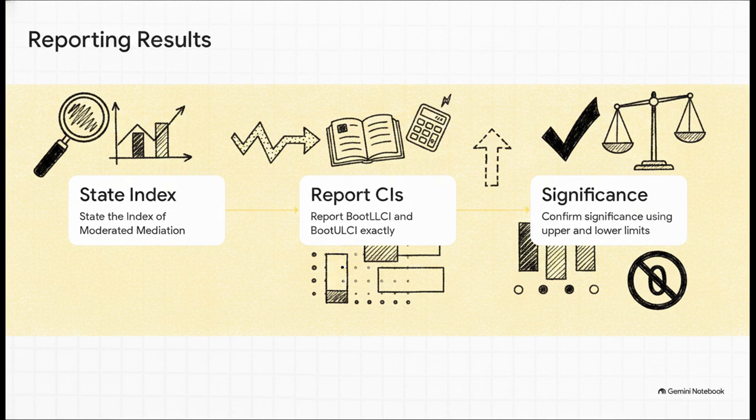In our example, the CI is negative 0.6643 to negative 0.6154. To prove significance to your readers, you explicitly state that because 0 does not fall between the upper and lower limits of this confidence interval, the moderated mediation effect is indeed significant. Honestly, this is your exact blueprint for getting your sophisticated statistical findings right past reviewer 2.